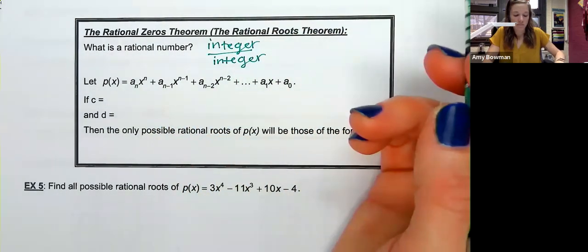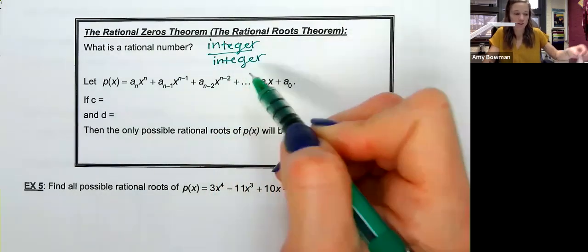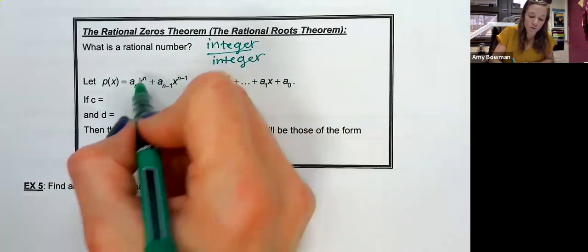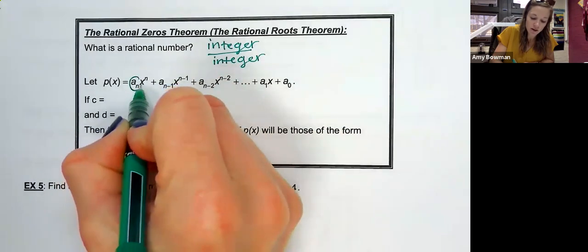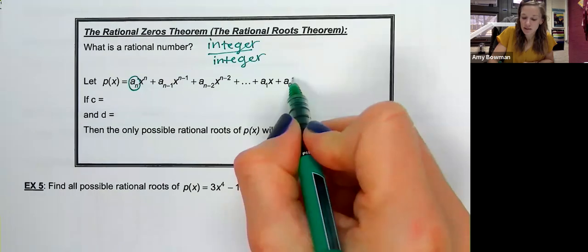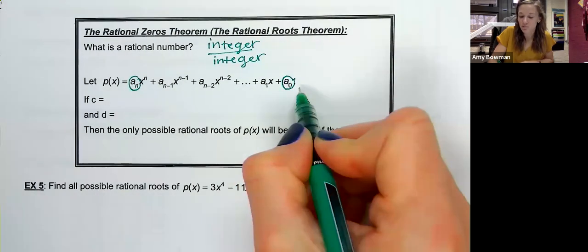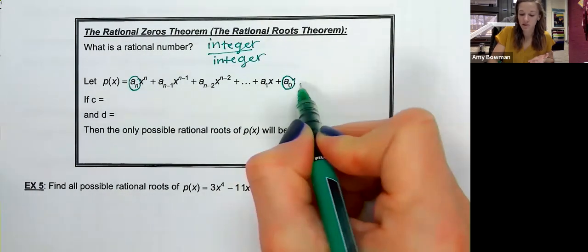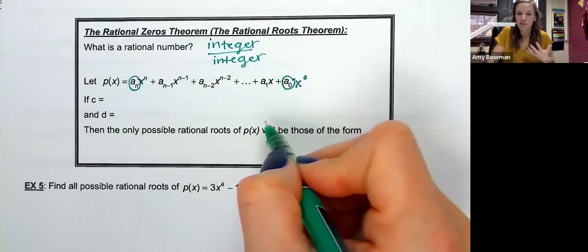And to figure out what those possible rational roots are, we need to pay attention to our leading coefficient in front of the highest x power and the final constant, which is the coefficient of x to the 0th, basically. So it's the constant.